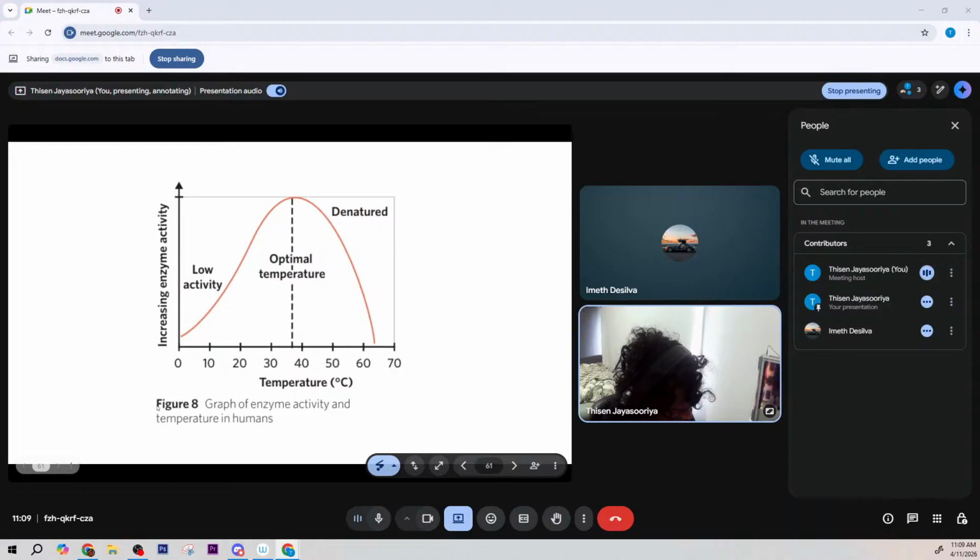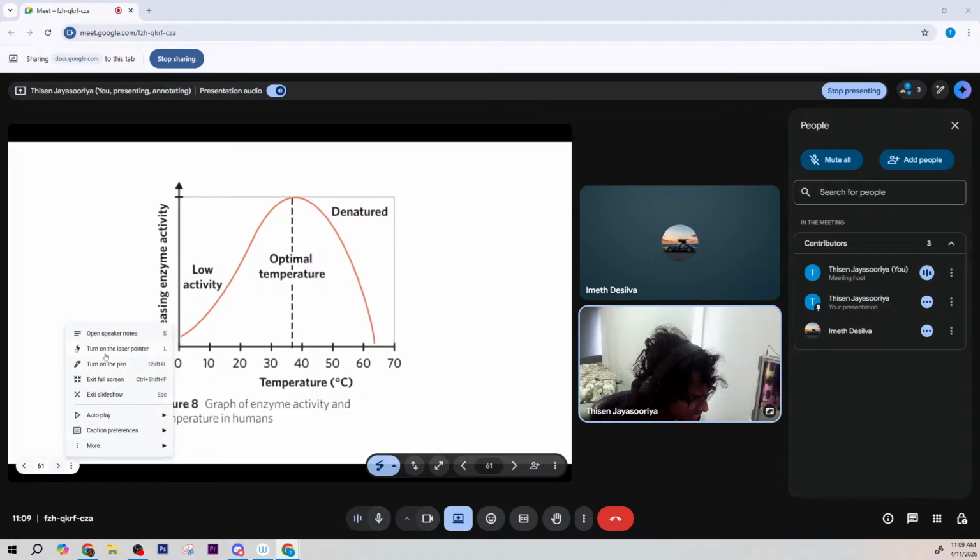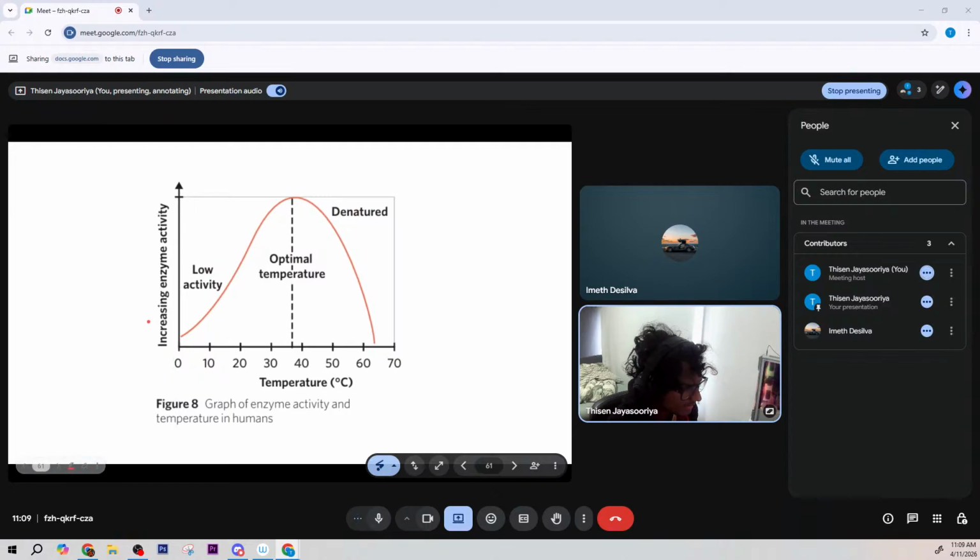So we talked about this activation curve already, and how the temperature affects the function of the catalyst. If the temperature is too low, it's going to deactivate. If it's too high, it's going to denature.